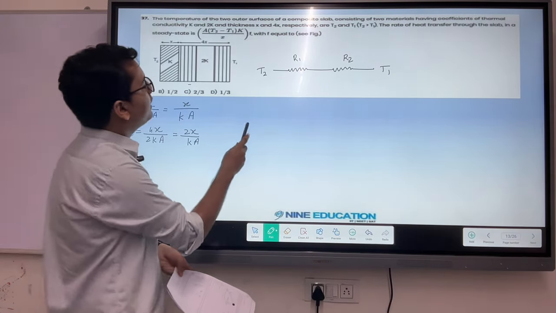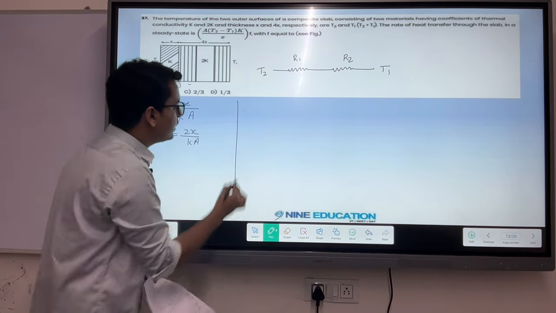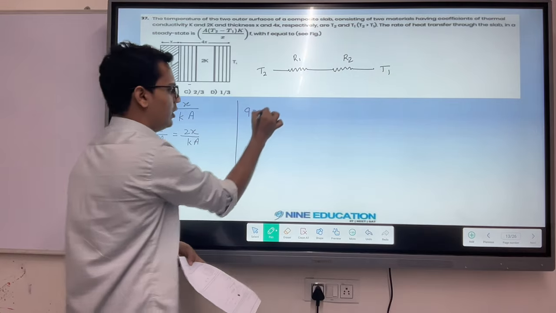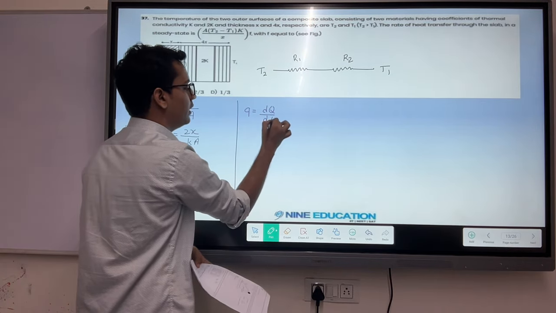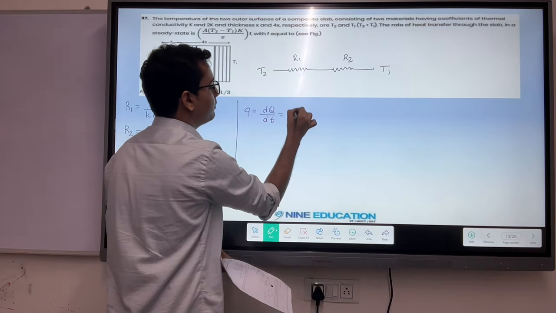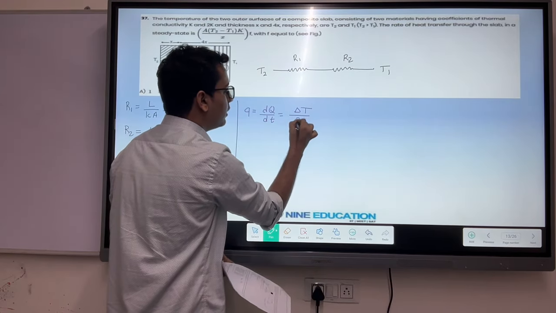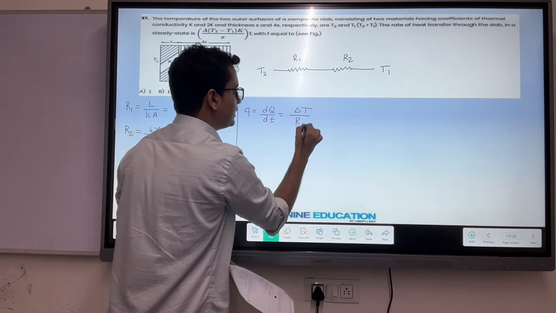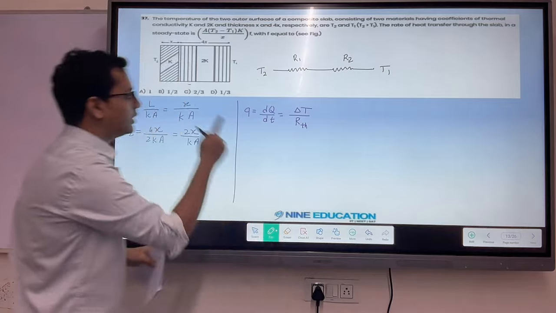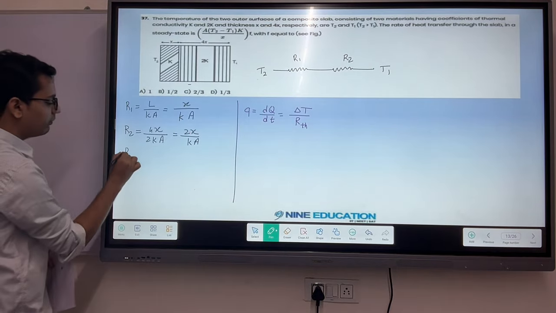Now you need to find the rate of heat transfer. So rate of heat transfer is given to you as small q, which is nothing but dq by dt, given as change in temperature divided by thermal resistance. Clear? What is the thermal resistance between these two?